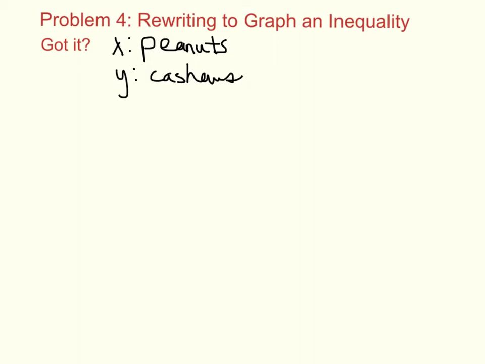We know peanuts cost $2 a pound, and cashews cost $4 a pound. So we have to spend no more than $12 on nuts. That means you can spend $12, but we can't go over it. So our inequality has to be less than or equal to 12.